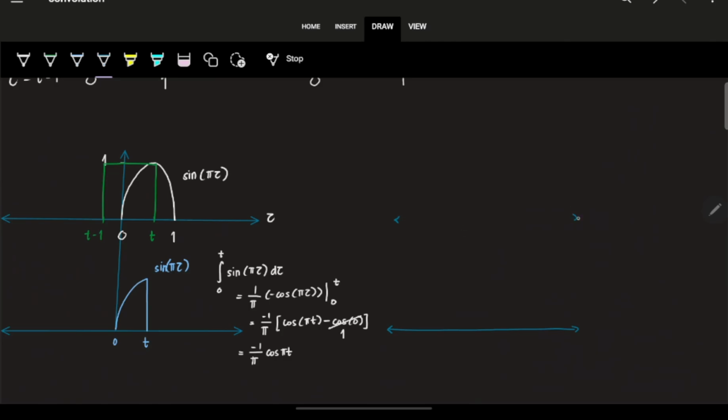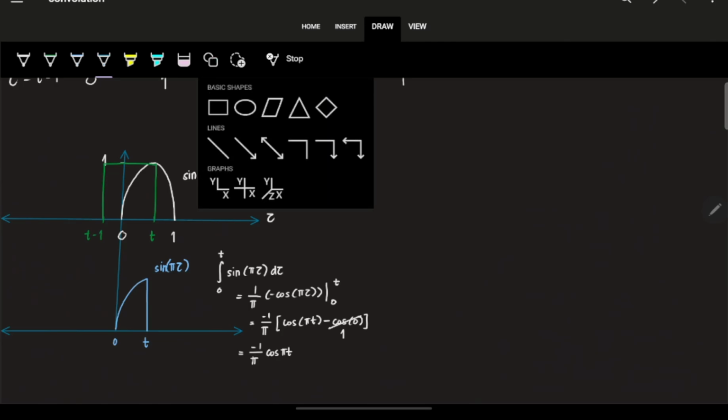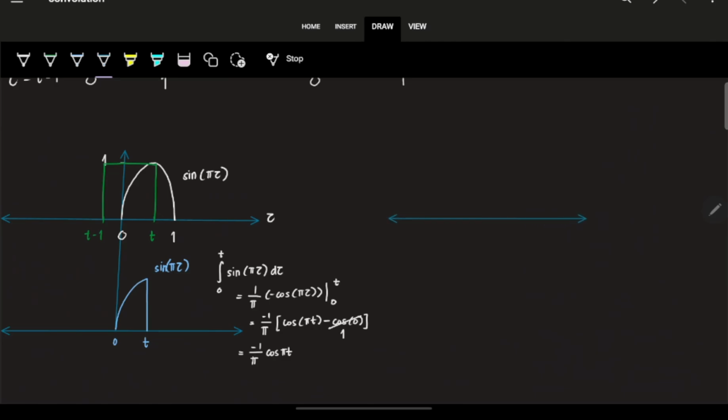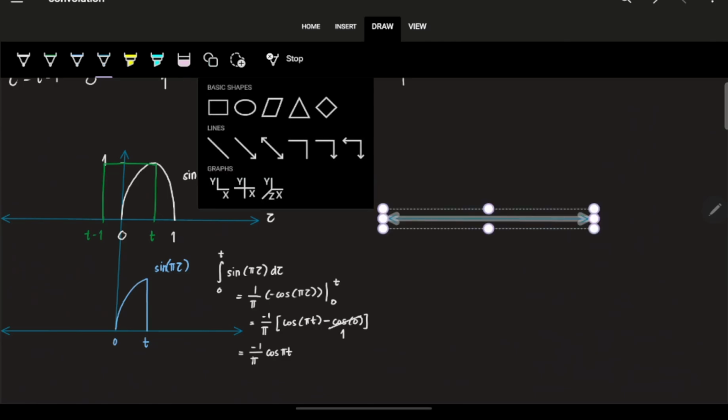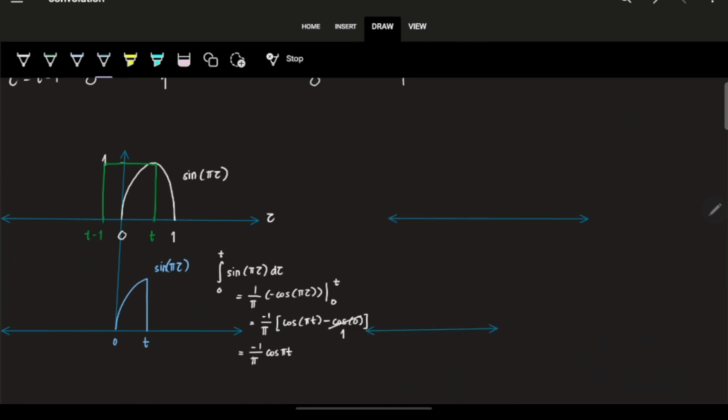Oops. I forgot. Para malinis yung graph natin. Ayan.